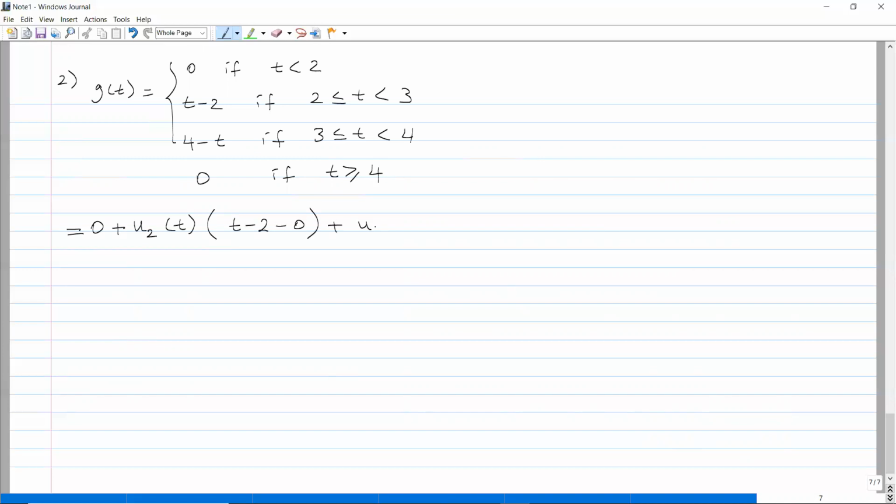Next discontinuity is at 3, so for t greater than or equal to 3, I have u3 times 4 minus t minus the previous one, t minus 2. Next discontinuity is at 4, so u4 times the last function 0 minus the previous function 4 minus t.